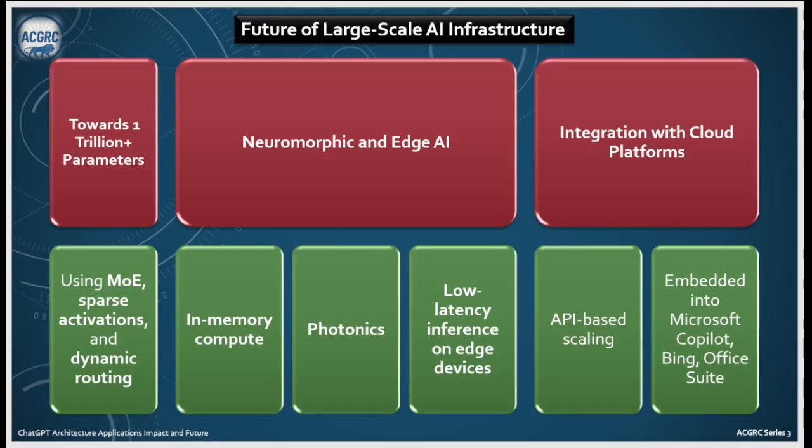Let's look at neuromorphic and edge AI. What is neuromorphic AI? Neuromorphic AI tries to copy how the human brain works to make computers smarter and much more energy efficient. Traditional computers work like calculators, step by step. A neuromorphic chip works more like a brain.